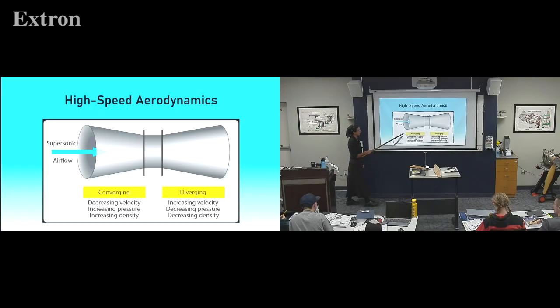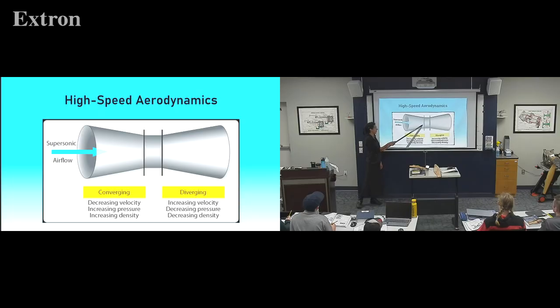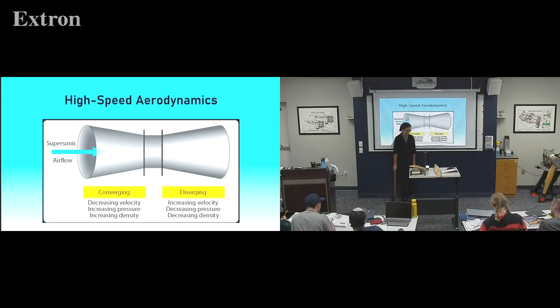So in a converging duct for supersonic air, if you memorize subsonic airflow, you just think opposite for supersonic. So velocity actually slows down, pressure increases, density increases, because it's kind of wackadoodle. And then as it widens out, now velocity is speeding up, pressure's decreasing, density decreases. So just be familiar with that.